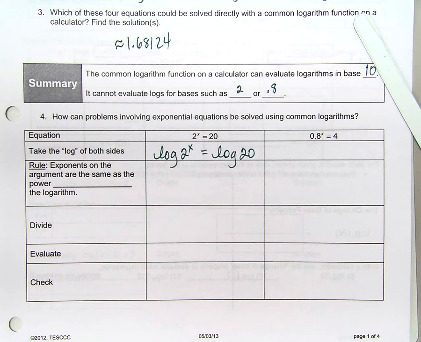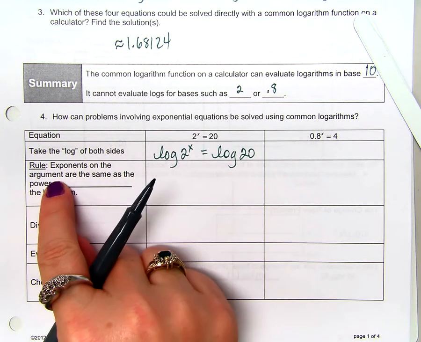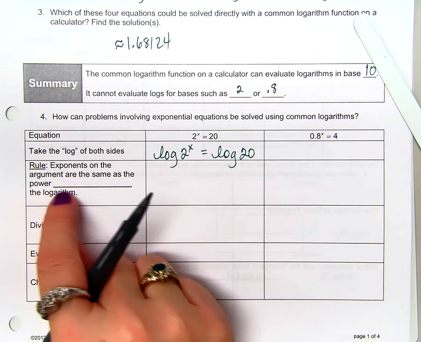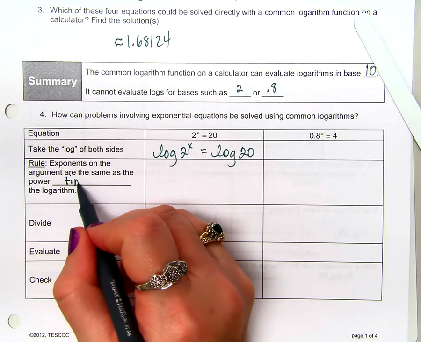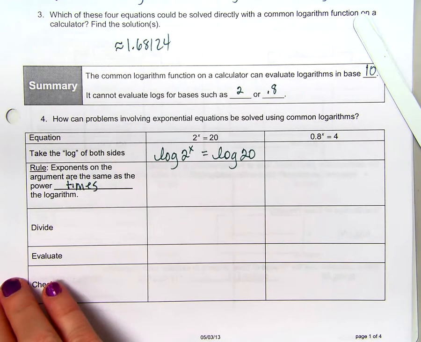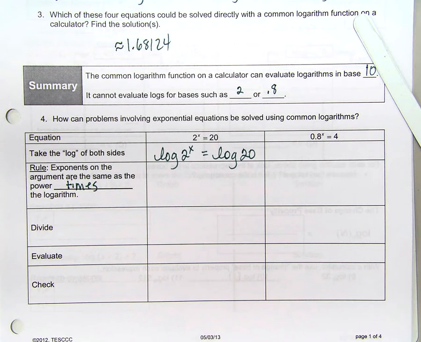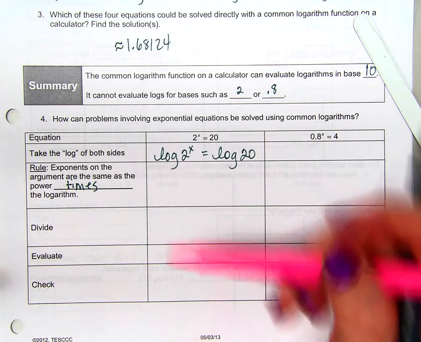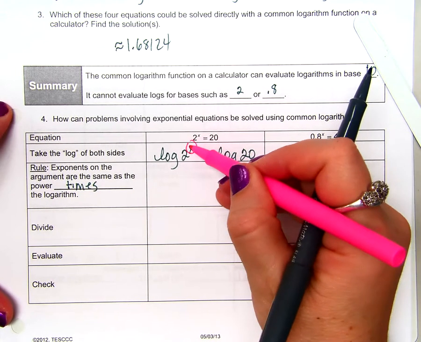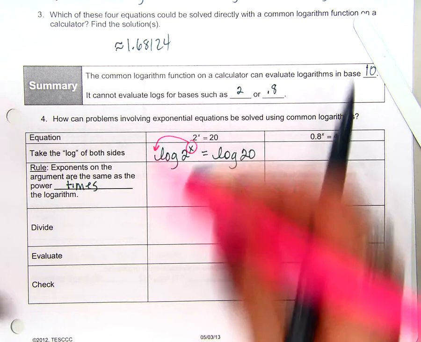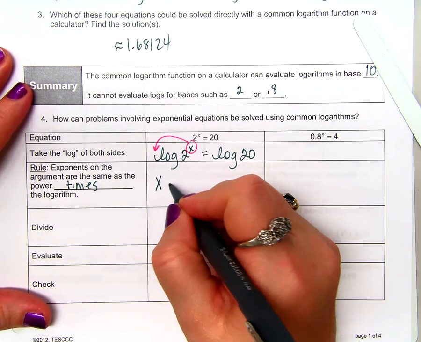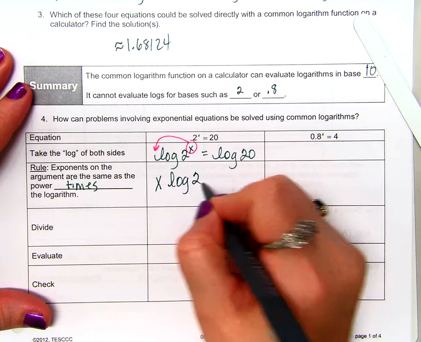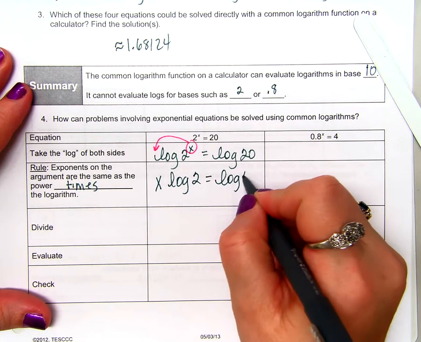So, what's the rule? The exponent on the argument comes out as a multiplier times the logarithm, right? So this power actually goes where? Down in front as a multiplier. So it's actually x log of 2 equals the log of 20.